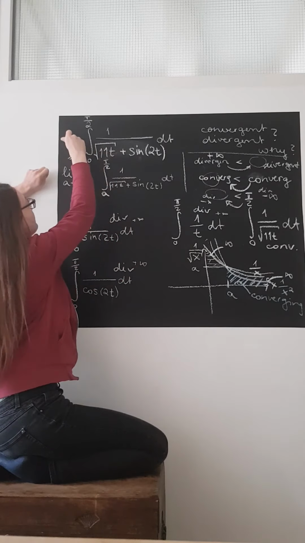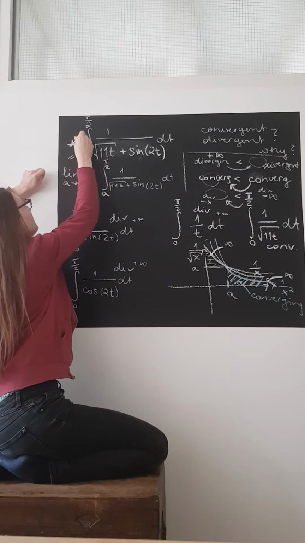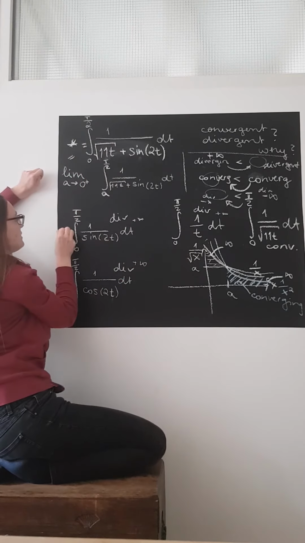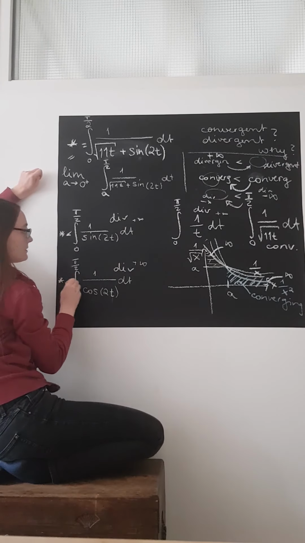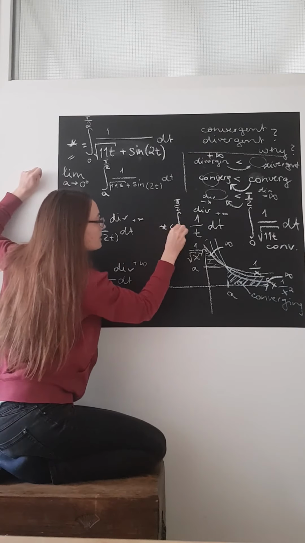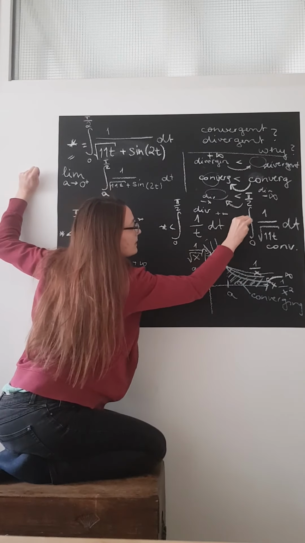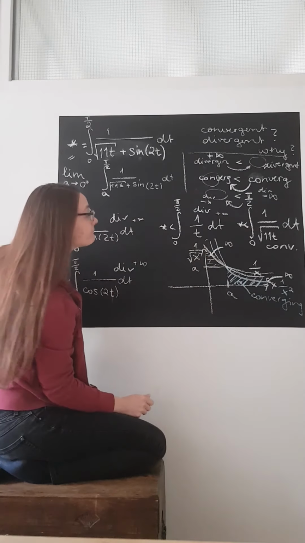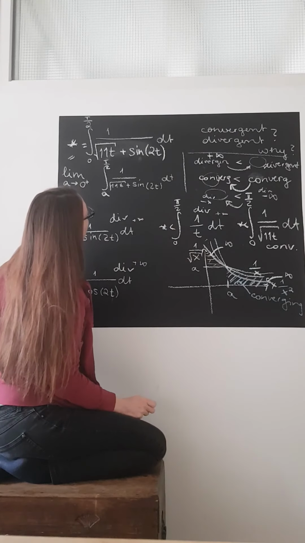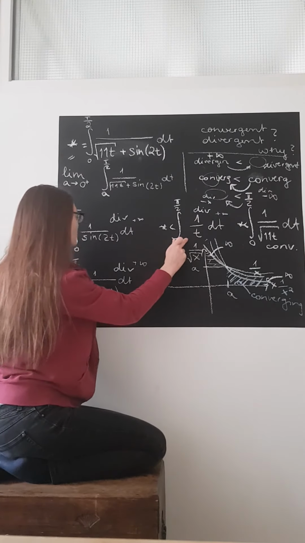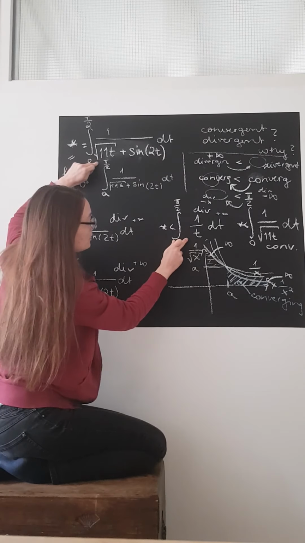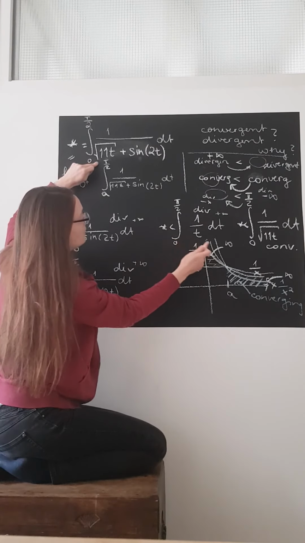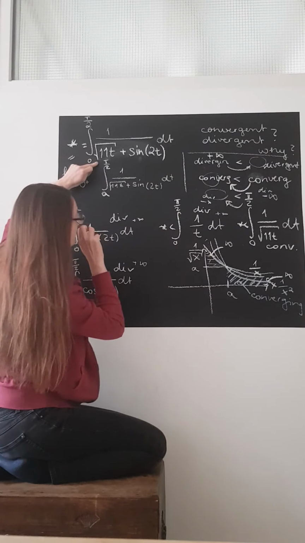So that means this integral, I call it star, is definitely smaller than this. It's smaller than this. It's smaller than this. It's also smaller than that. So here I probably should also say that the square root only makes it even smaller.